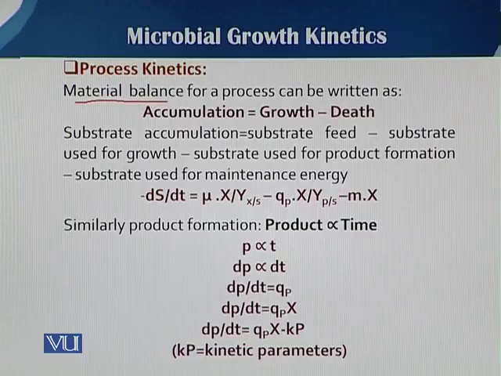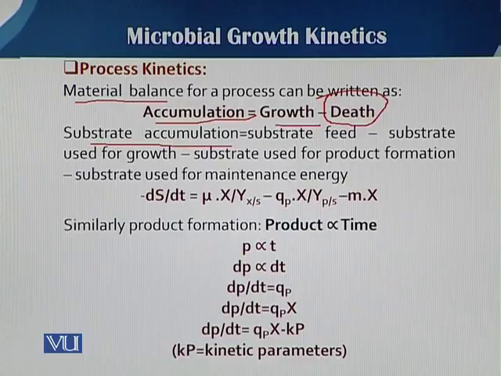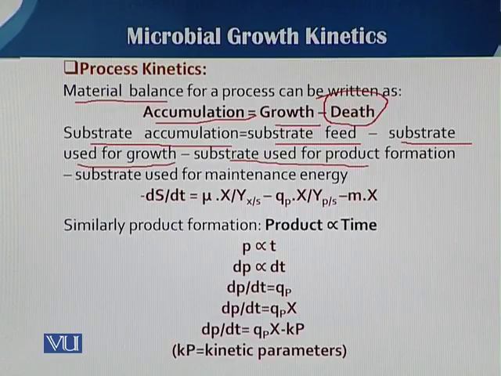As far as the process kinetics is concerned, the material balance for a process during fermentation can be written as: the overall accumulation is equal to growth minus the death of the cells. If we write this equation in detail, then the substrate accumulation is equal to the substrate fed, and then the amount of substrate used for growth, and then the substrate used for product formation.